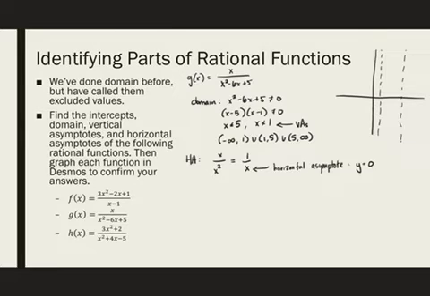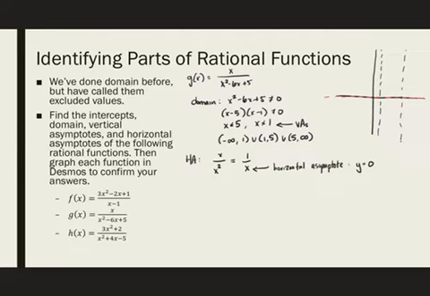Okay, and that's just a rule. If the variables are left in the denominator, it's at 0. So let me draw that in a different color so we can see it.